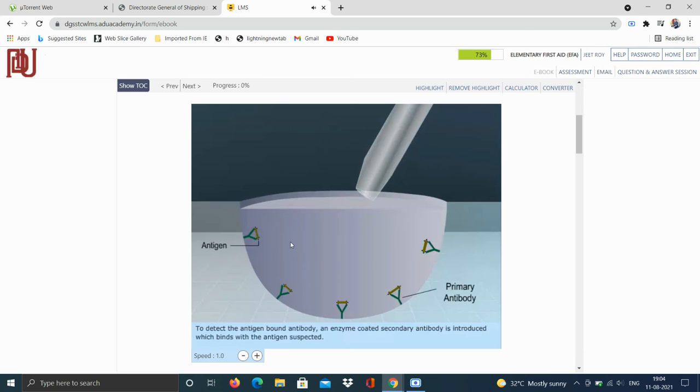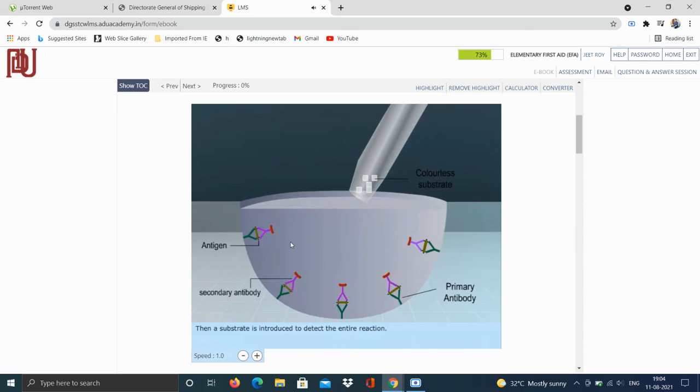To detect the antigen-bound antibody, an enzyme-coded secondary antibody is introduced which binds with the suspected antigen. Then, a substrate is introduced to detect the entire reaction. This is confirmed by the color change as the enzyme digests the substrate.